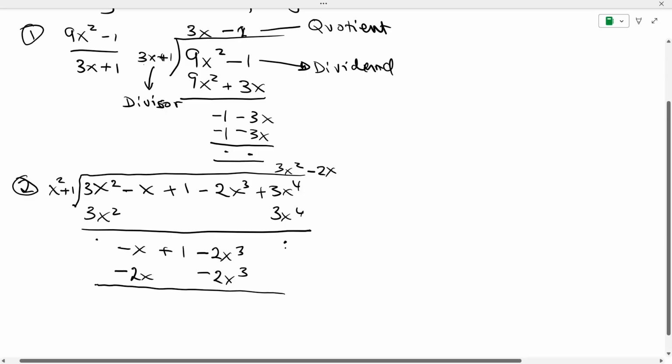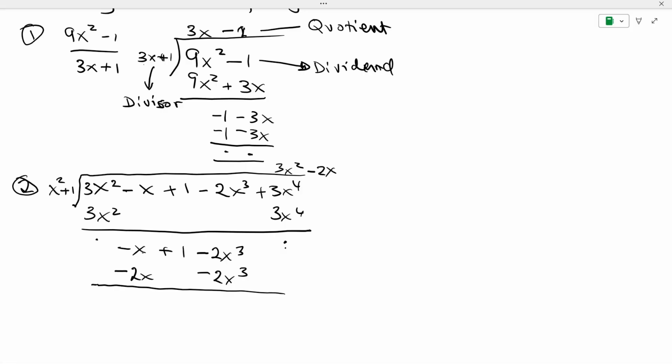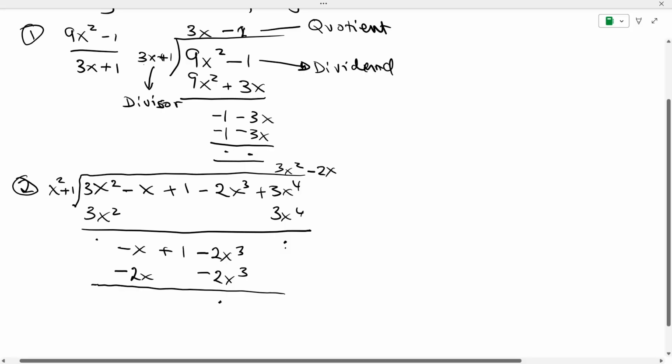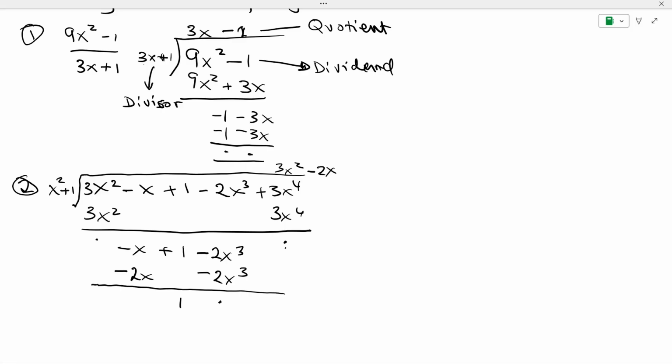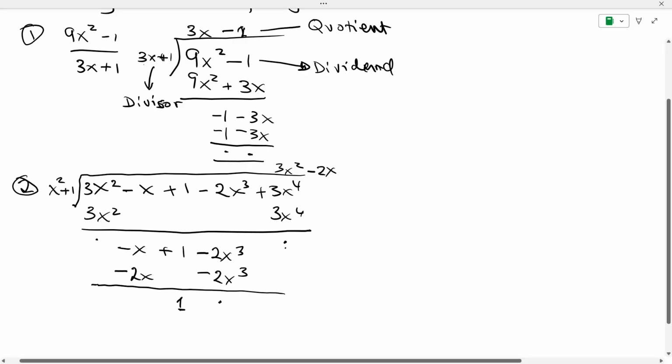So we again try to subtract our newly found expression from what we have at the top here. So minus 2x cubed minus 2x cubed leaves us with a 0. And we have this positive 1 there.